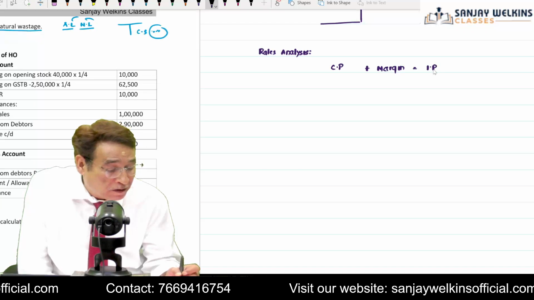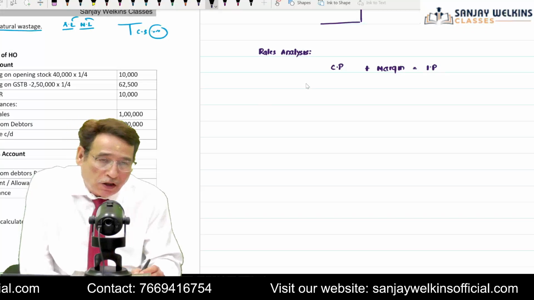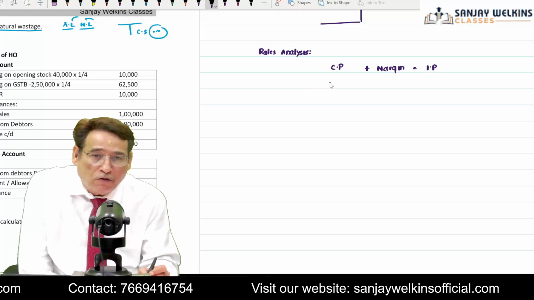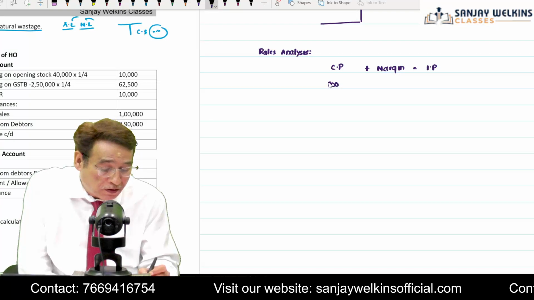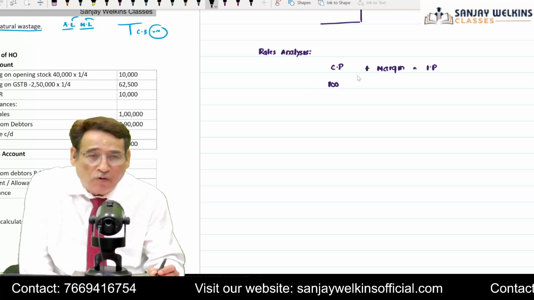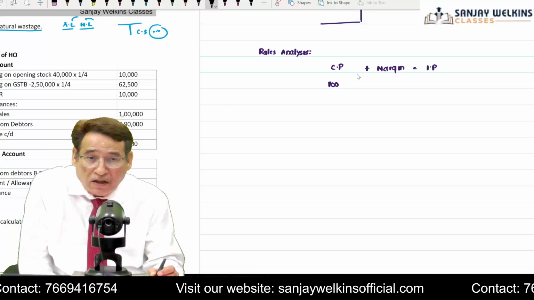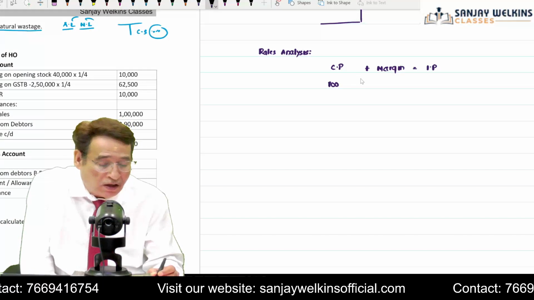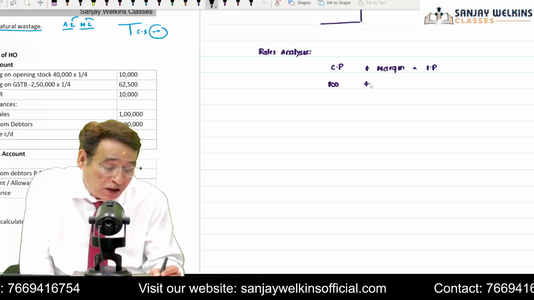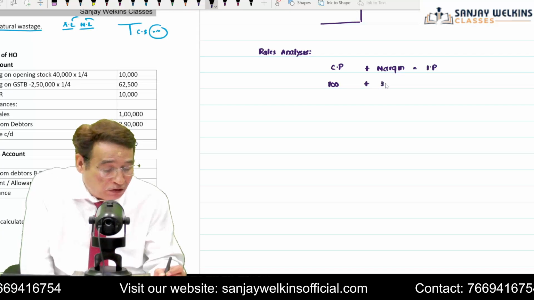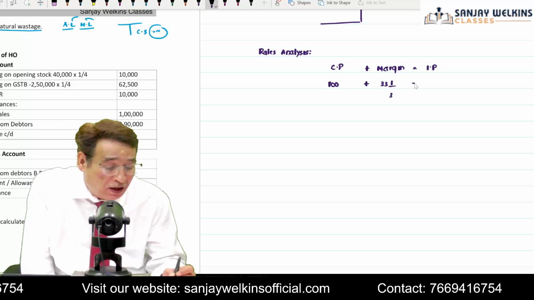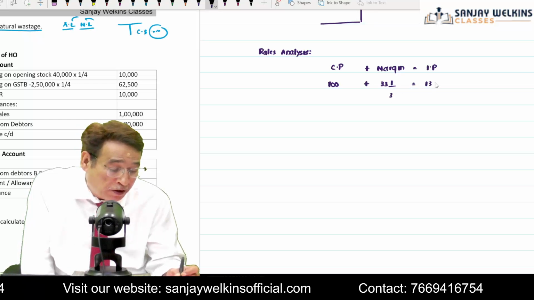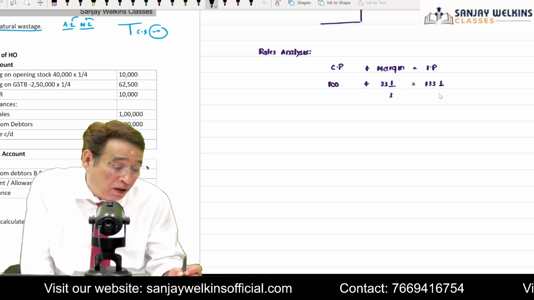Invoice price. Of course, in this particular question, rate is based upon cost. One need not require any mental exercise in it. Rate of profit is on cost. And it is stated in the question that goods are being sent at 33 1/3%. So if I am going to compute 33 1/3%, my margin will be 33 1/3, and my invoice price will become 133 1/3.